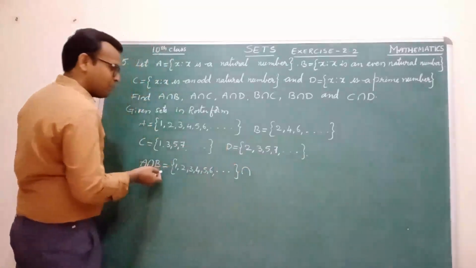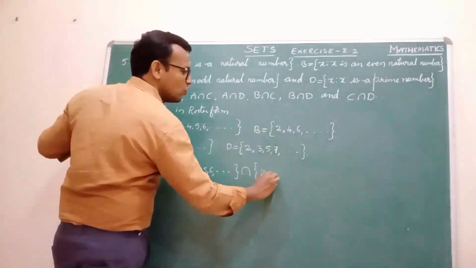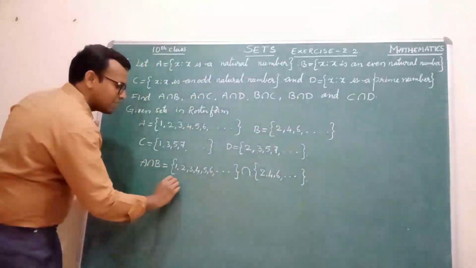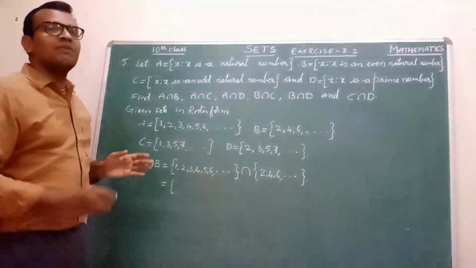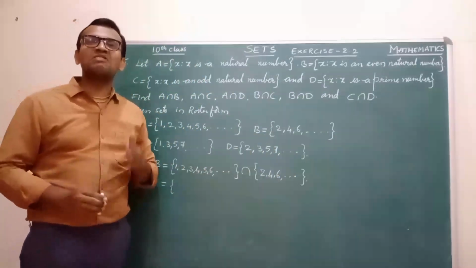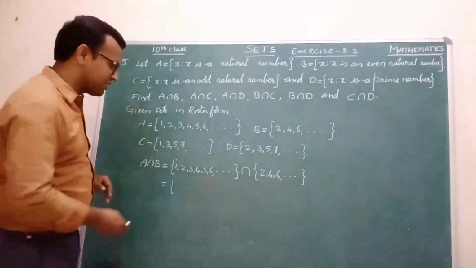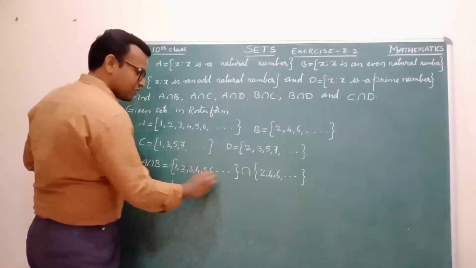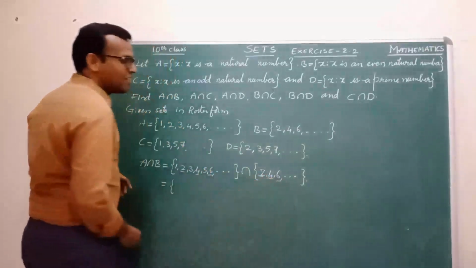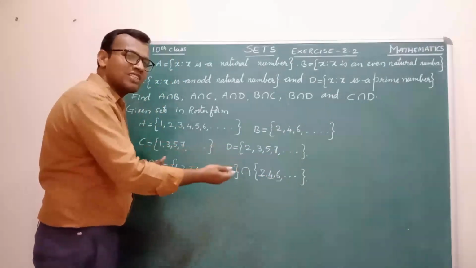Intersection B. What is set B? Set B contains 2, 4, 6, and so on. Now let me find the intersection of these two. We already know that the intersection of sets is nothing but the set of elements which are in common. What elements are common? 2, 4, 6. So from natural numbers and even numbers, if you compare, the common numbers are obviously even numbers only.